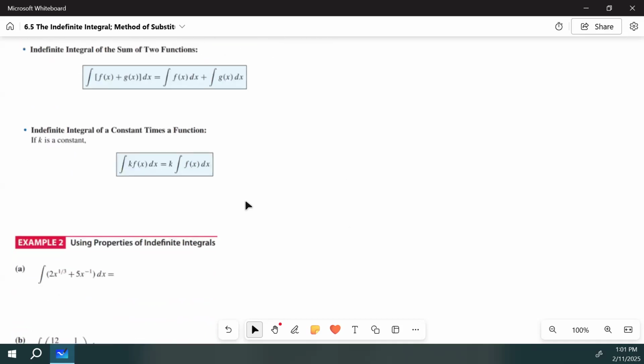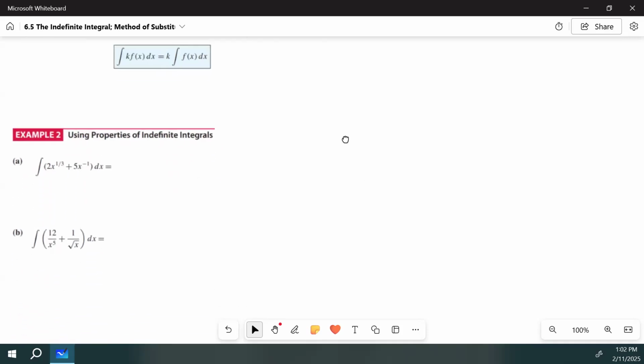Okay. Now, here we have a couple examples where we're going to use the properties of indefinite integrals. This is kind of like an intuitive type of process, and I'm going to break it all down for you. But whenever you actually do these by hand, you're probably not going to show as many steps.